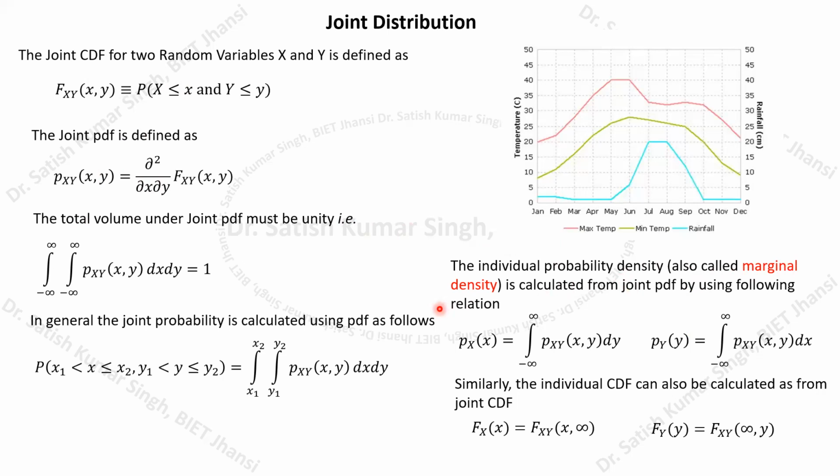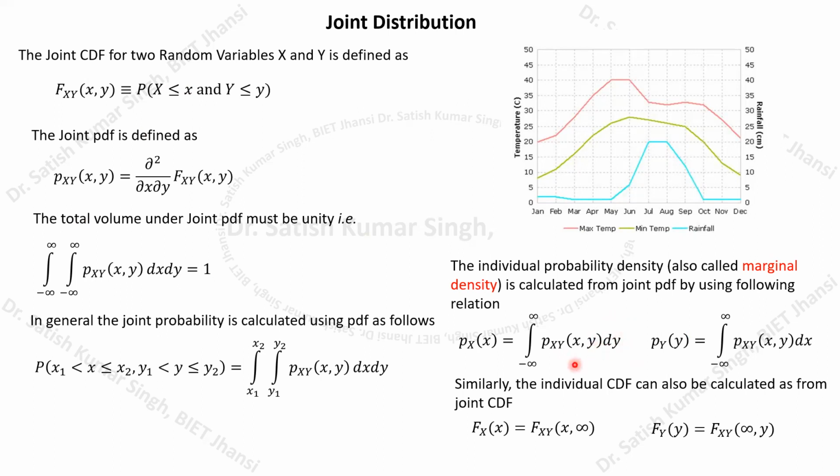So how to calculate that? We have to use this particular formula. Suppose we want to calculate the marginal density function corresponding to our random variable capital X. It can be calculated if we take the joint probability density function and integrate it with respect to y.